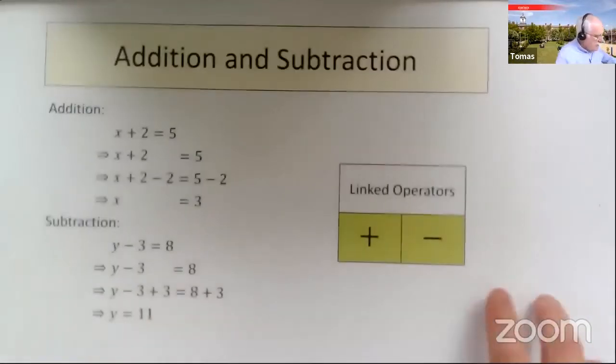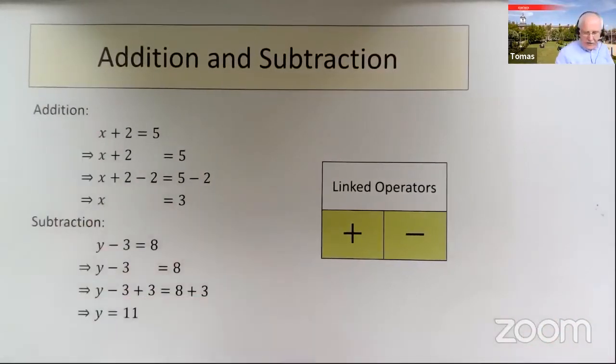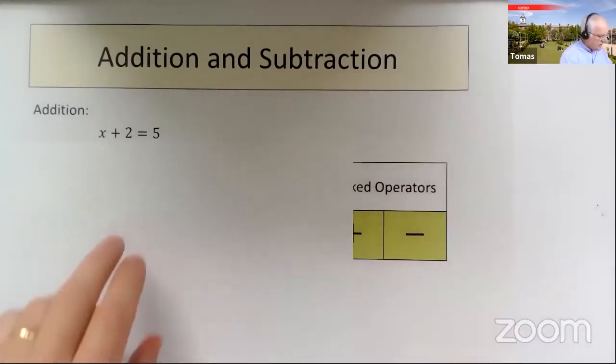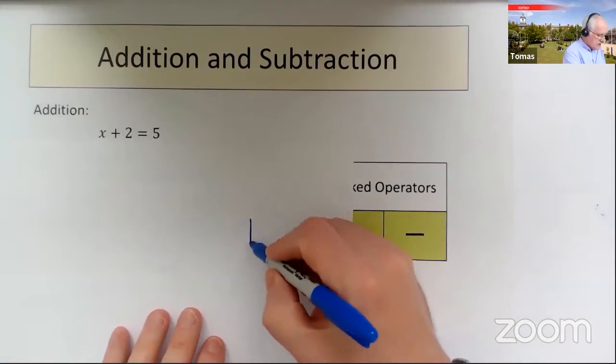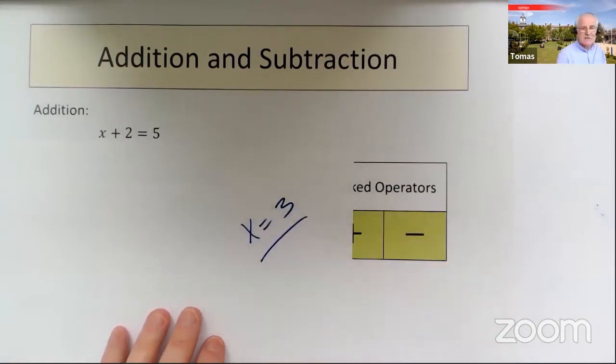So what I'm going to do now is ask a very simple addition question. If I were to say that x plus 2 was 5, and I asked you what x was, most of you would say, well, x is 3, that's simple. And you know that.